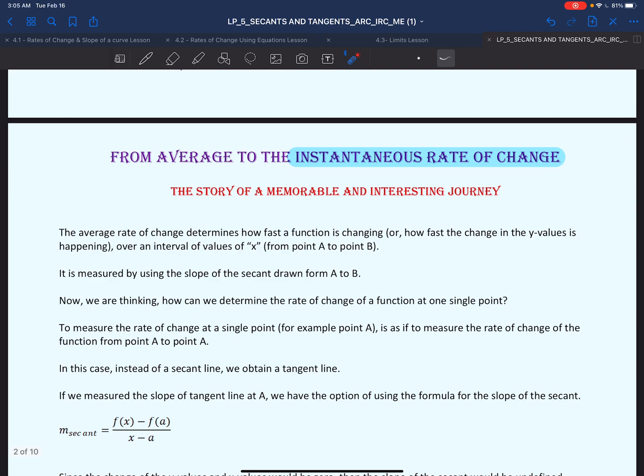So we build the process of determining the instantaneous rate of change on the average rate of change.